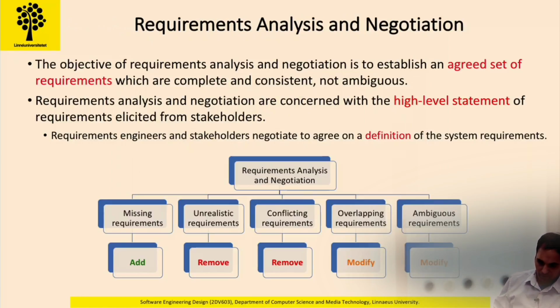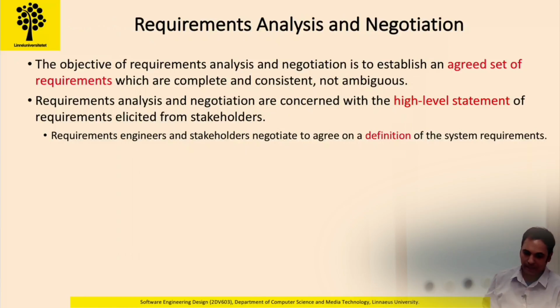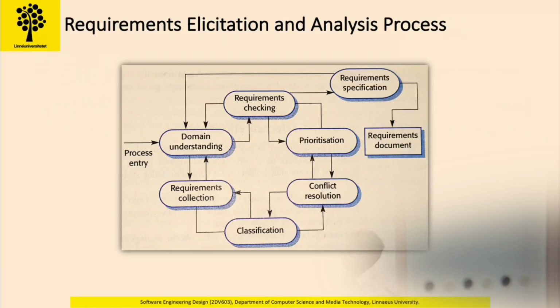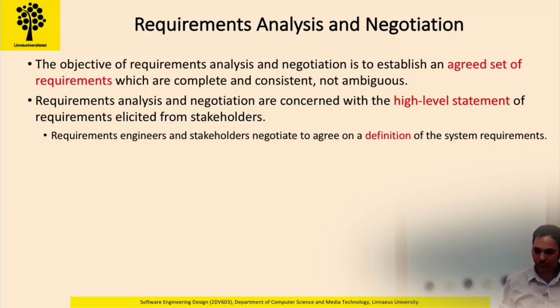Then for the requirements analysis, once you have the requirements that are elicited from the stakeholders, you need to do the analysis. In this figure, it is part of classification, conflict resolution, and prioritization. In these steps, you analyze each requirement and you come to a conclusion with an agreed set of requirements that will be implemented.